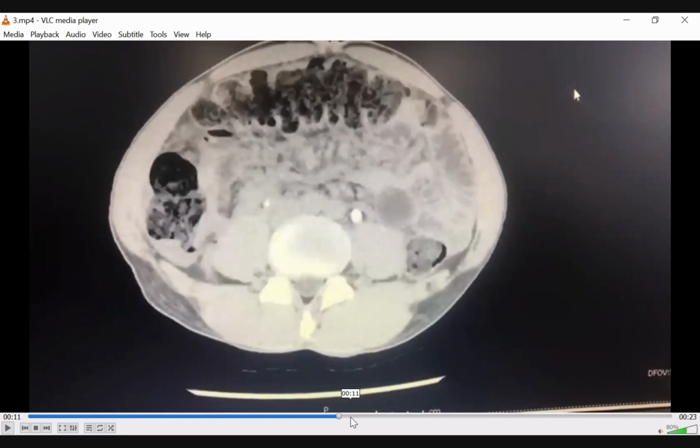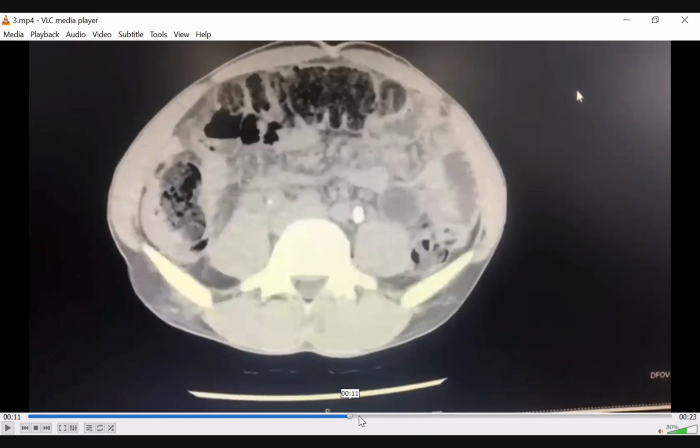Can you see? Narrower. And what's happening around the ureter on the right side? It is being encased by soft tissue, sir. Okay, go down.